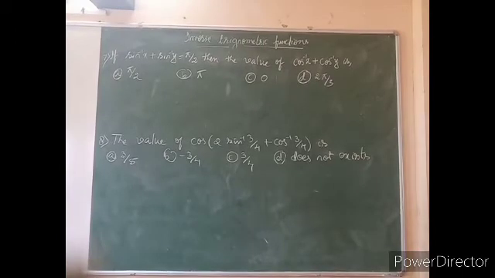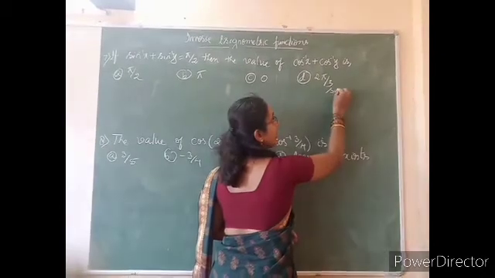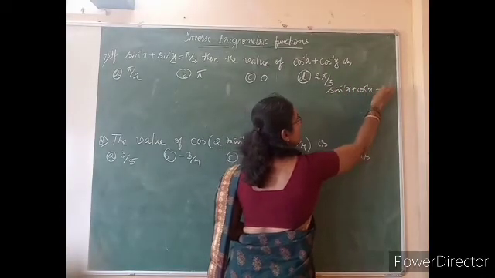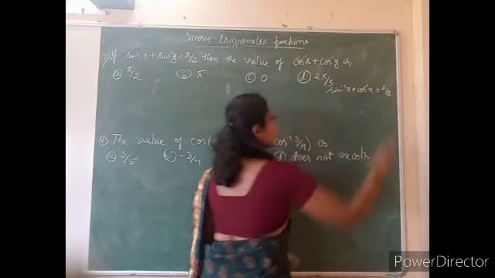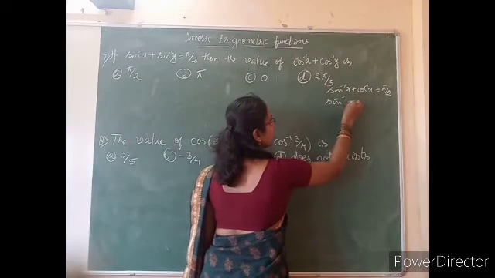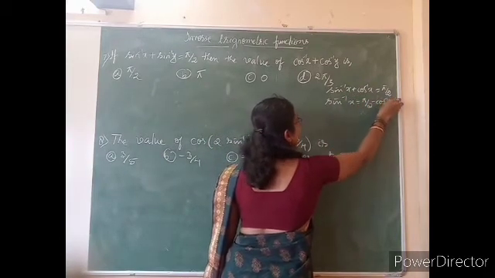The next question will be, if sine inverse of x plus sine inverse of y is equal to pi by 2, then the value of cos inverse of x plus cos inverse of y is. So here also we use the same property, sine inverse of x plus cos inverse of x is equal to pi by 2, or we can rearrange this as sine inverse of x is equal to pi by 2 minus cos inverse of x.